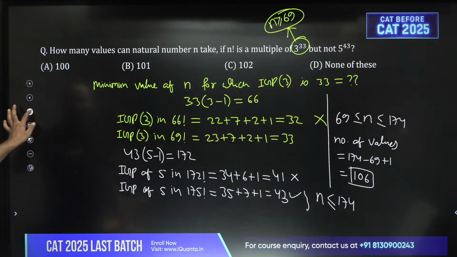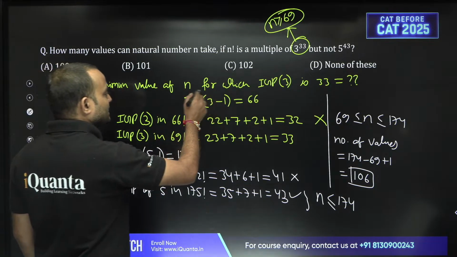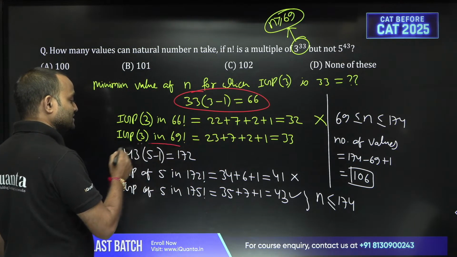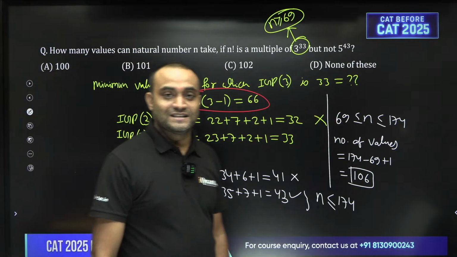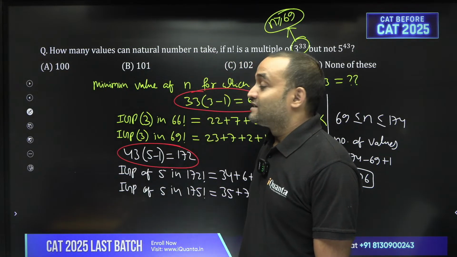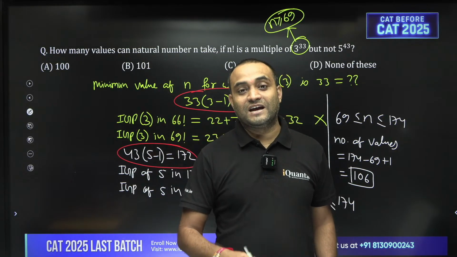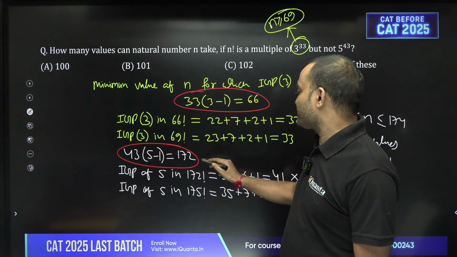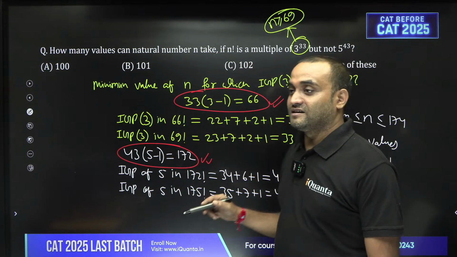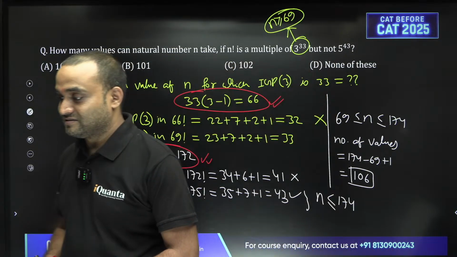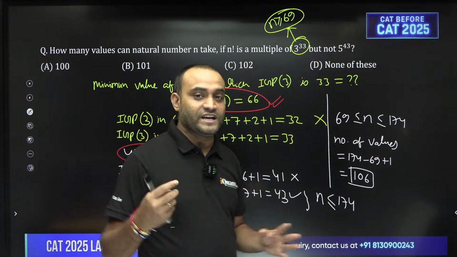Now how many of you knew this method, that instead of doing hit and trial, if you want to find the IGP of any prime number p in n factorial, you should start from here and then you won't have to do hit and trial. You can get the actual value very easily.